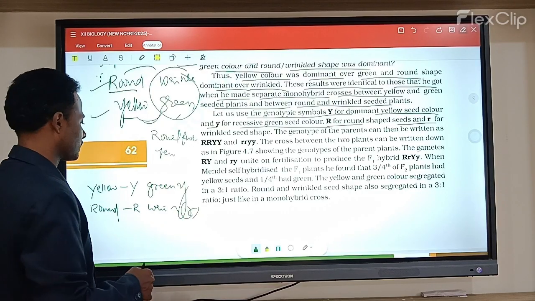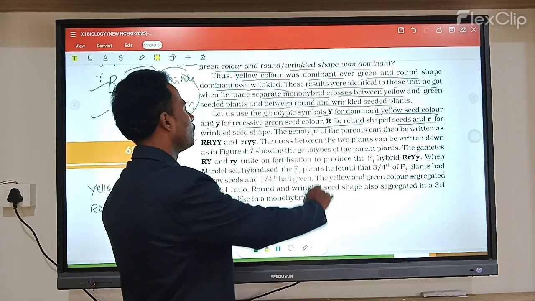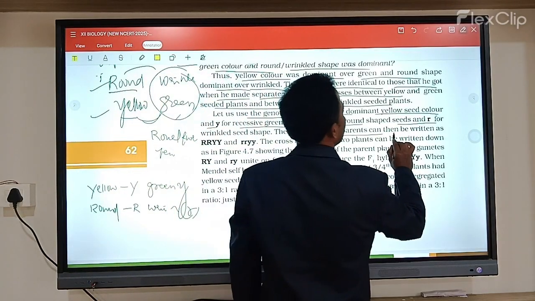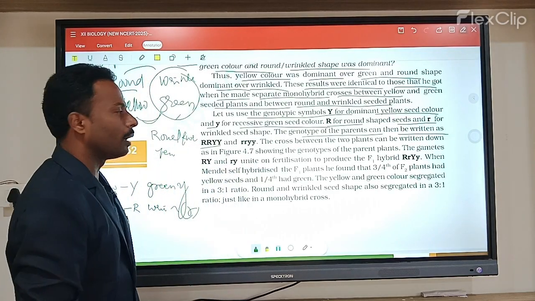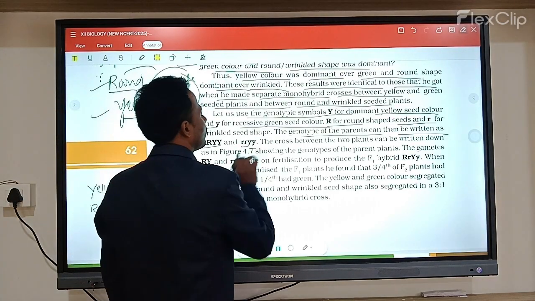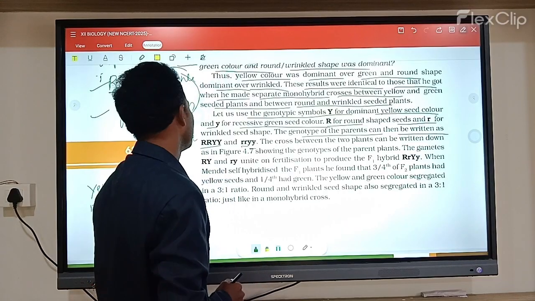So these are the four characters. The genotypic parents can be written as capital R capital R capital Y capital Y, and small r small r small y small y. Am I right?